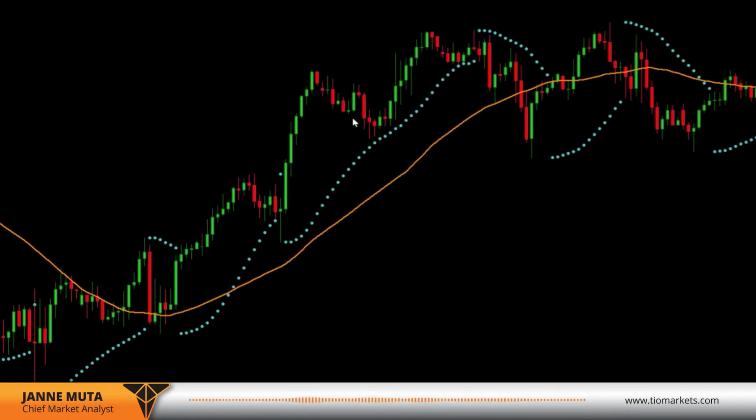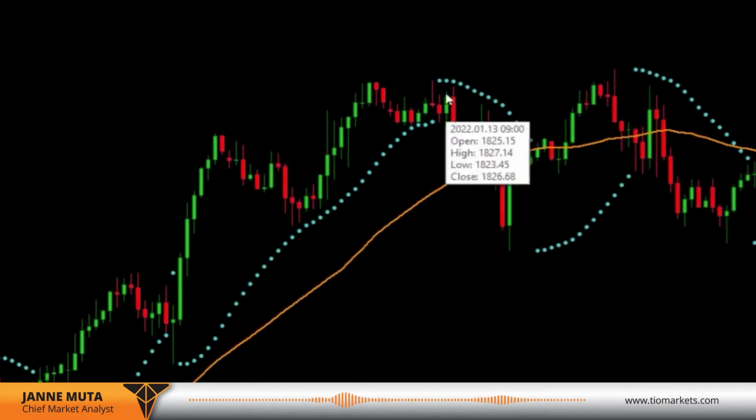You can buy the breakouts, you can buy the retracements, whichever style is good for you. But to stick with this indicator, the idea is that we stay long as we have the market moving higher above the moving average, and the SAR dots are below.